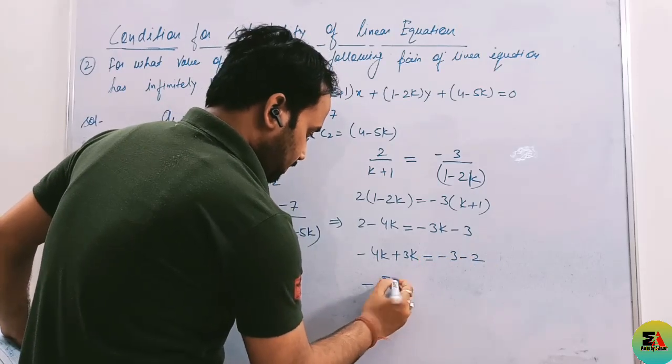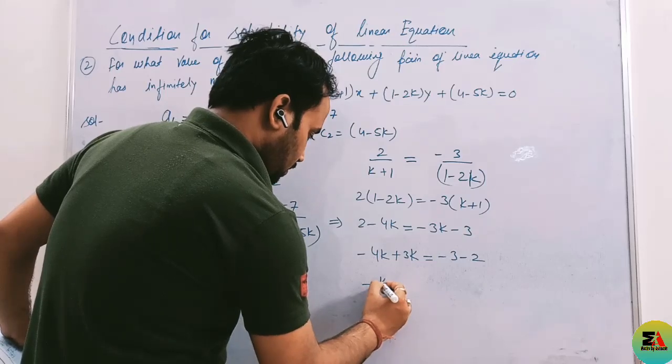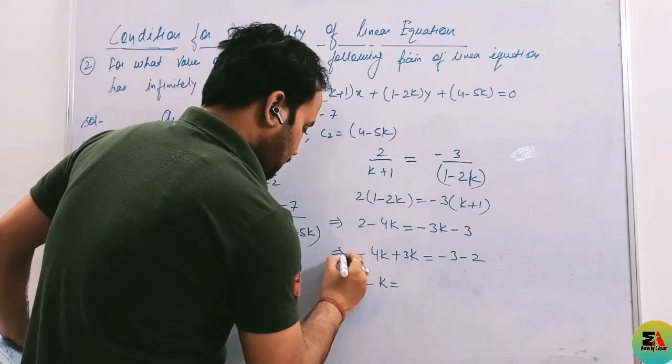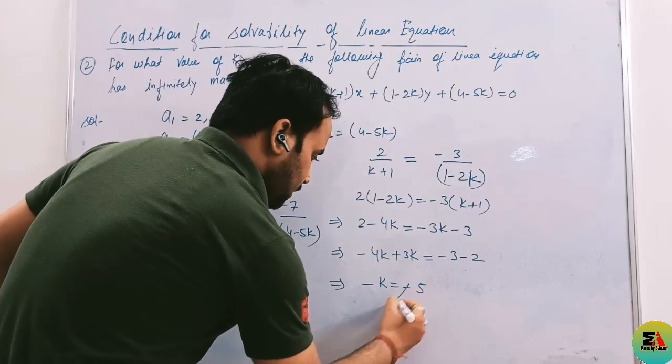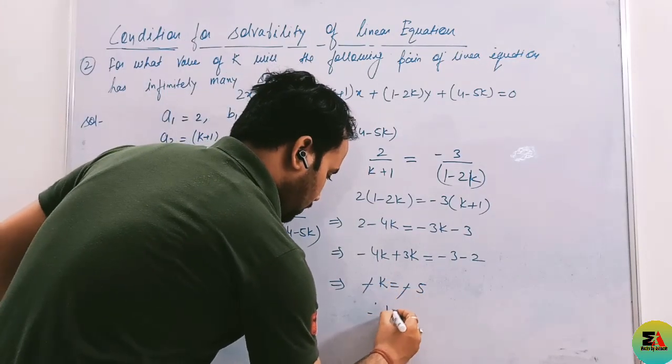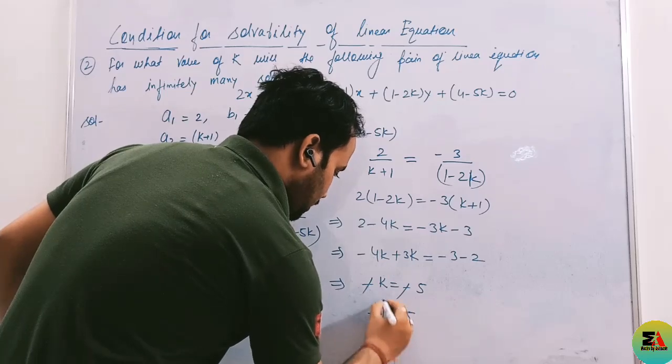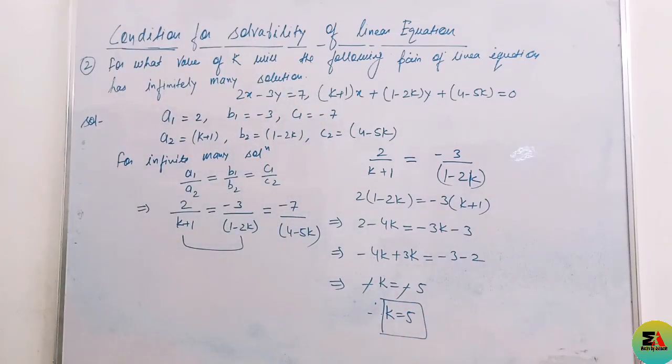This becomes minus k = minus 5. The minus signs cancel out. Therefore, the value of k will be 5 for infinitely many solutions. I hope this one is clear to you.